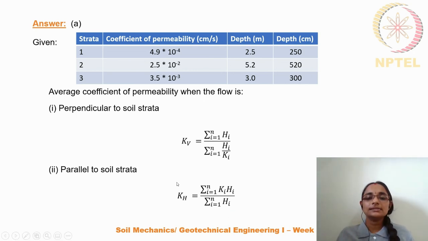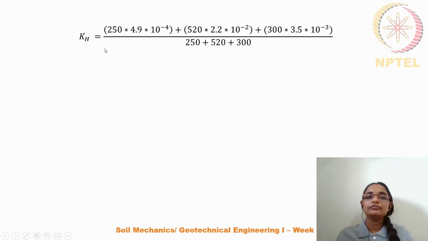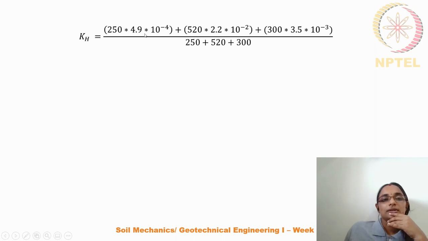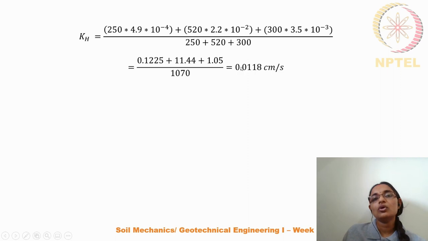So we will use this second equation. Substituting, we have (H1 K1 plus H2 K2 plus H3 K3) divided by (H1 plus H2 plus H3), which will give you 0.0118 centimeter per second, that is option A.